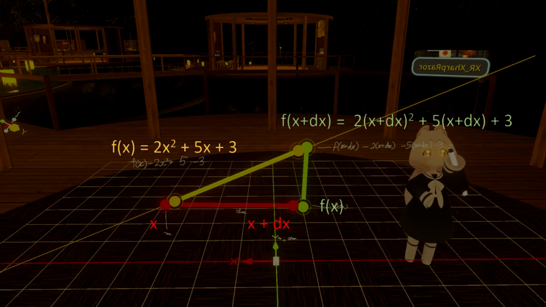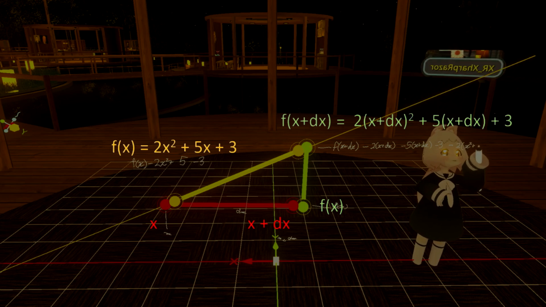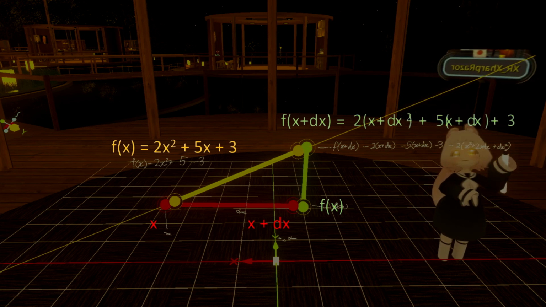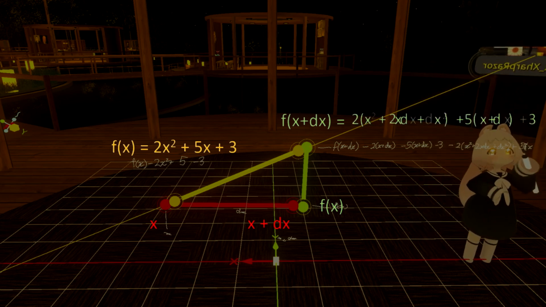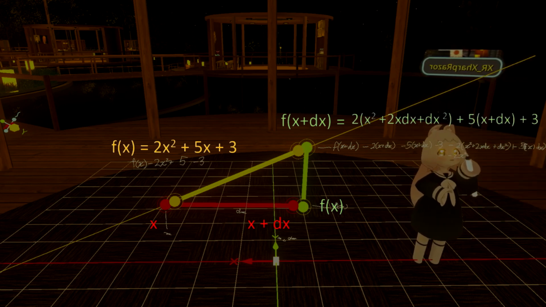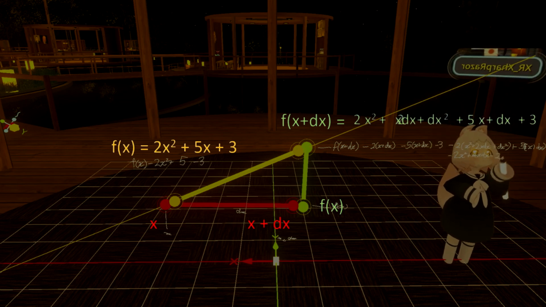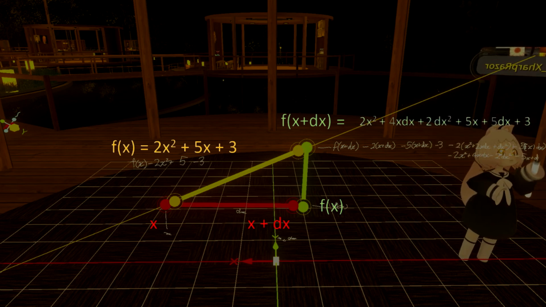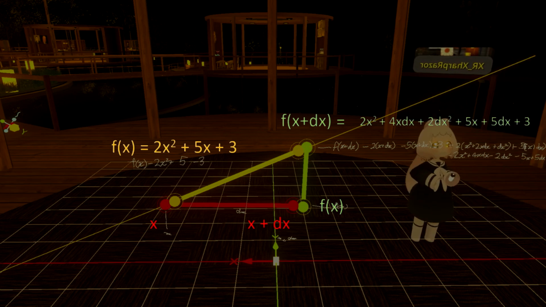Expanding, that is 2 times (x squared plus 2x dx plus dx squared), plus 5x plus 5 dx, plus 3. Now this is also 2x squared plus 4x dx plus 2 dx squared, plus 5x plus 5 dx plus 3. Okay, let me check that, and then we're good to go.